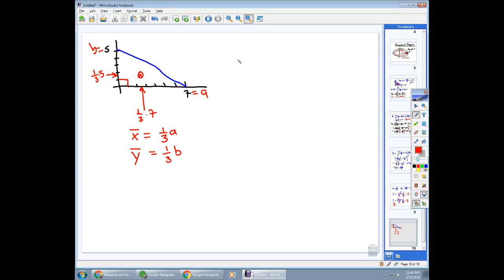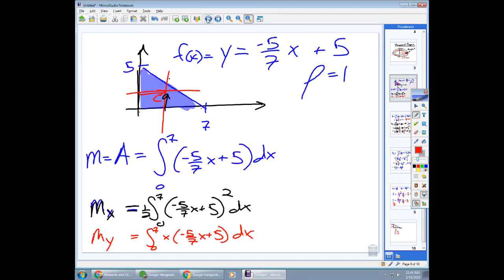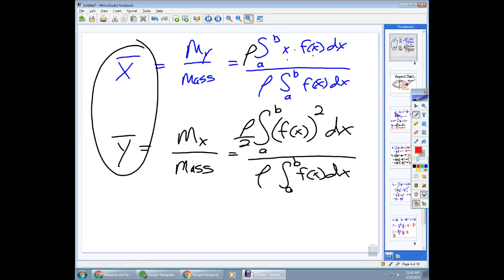Now, there are going to be some shapes where this is going to be hard to calculate. Go back to our formulas over here. For example, if f of x was the sine of x, x times the sine, we played with that before. Do we have an antiderivative for that?